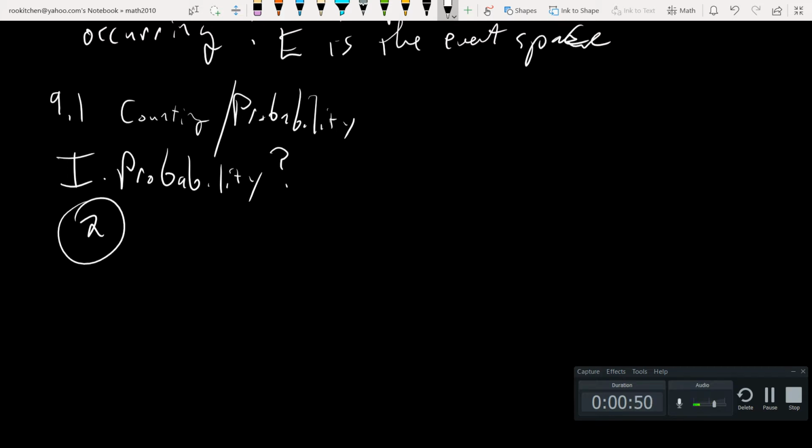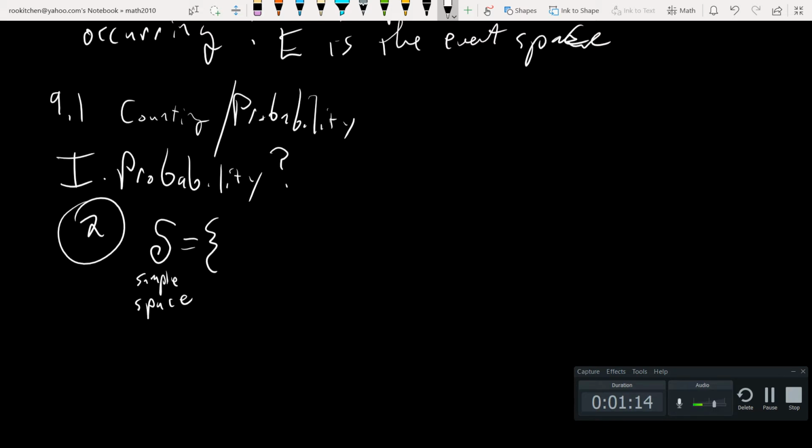Problem 2, we're tossing a coin twice. What are the events that could take place here? This is called the sample space, the list of all possible outcomes.